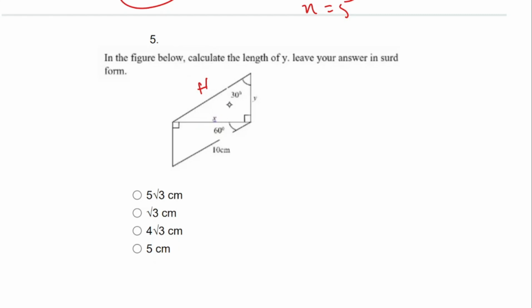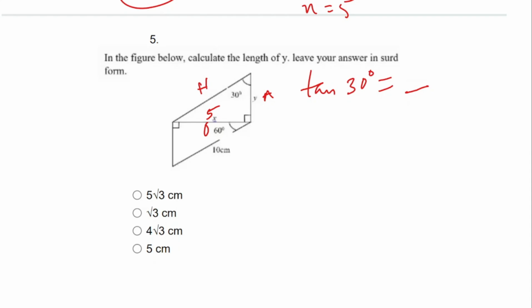This is the opposite because we are considering 30 degrees. So the opposite is 5 and this is adjacent. That means we are using tan 30 degrees equals opposite over adjacent, 5 over y.